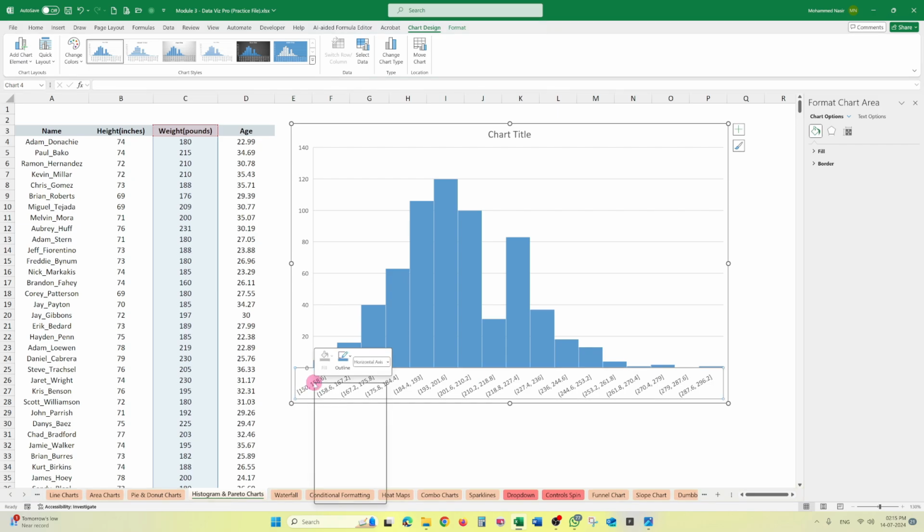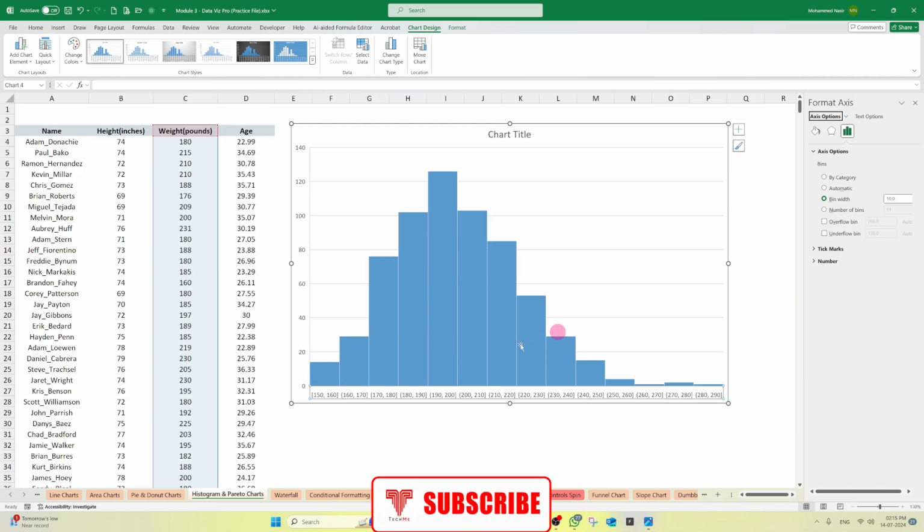So we can change this: right click, go to Format Axis, and change the bin width from 8.6 to, let's see, 10. Hit enter, and it will change like this: 150, 160, 170. This is also a histogram, arranged in ascending order, starting from 150 to 290.